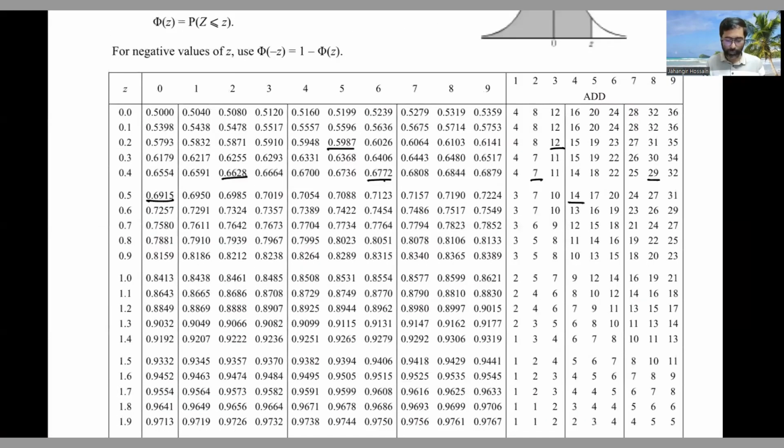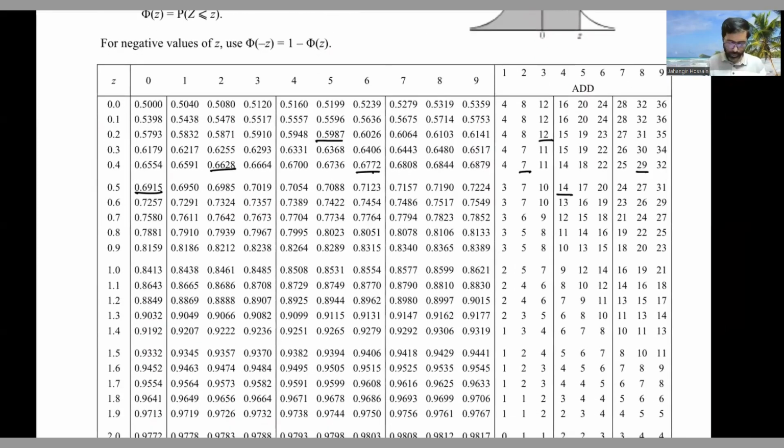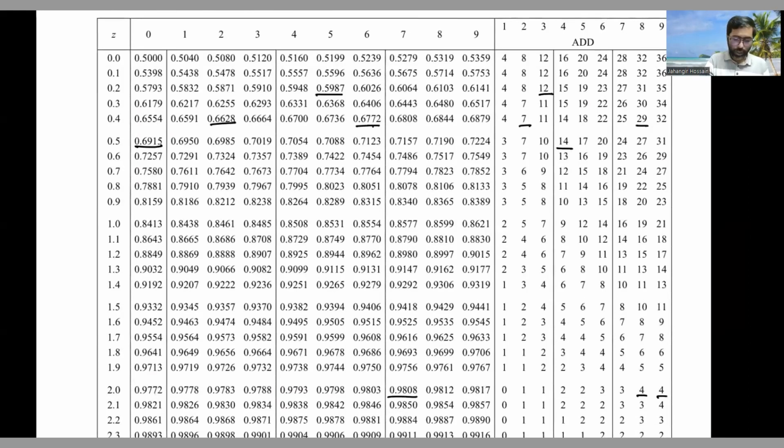Here you have the normal distribution function table. For 1.833, if you look at the table, 1.83 is here, and with this you have to add the value for the third decimal 3, that is 2. So 0.9664 plus 0.0002 will be 0.9666.